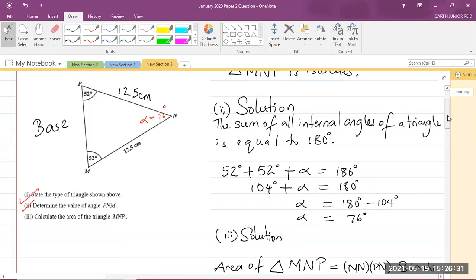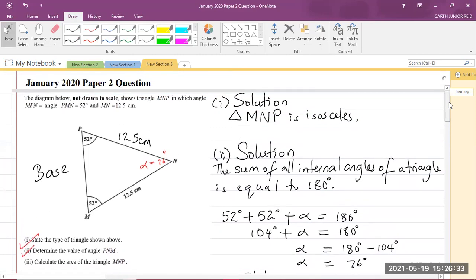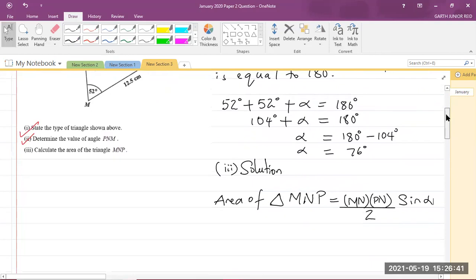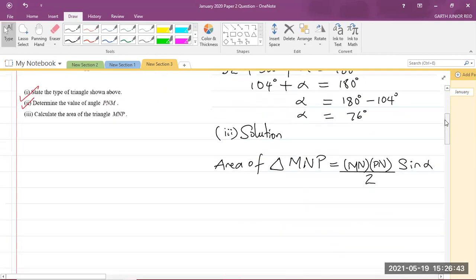So that is the formula that I'll be using. You probably might be familiar with the formula 1/2 multiplied by a times b sine C. That is the formula that I'm basically using here.